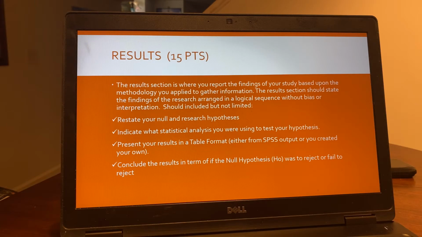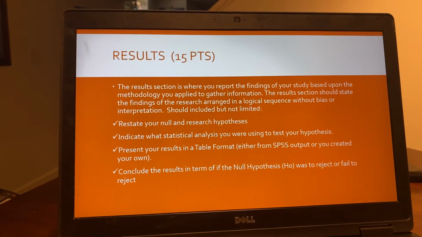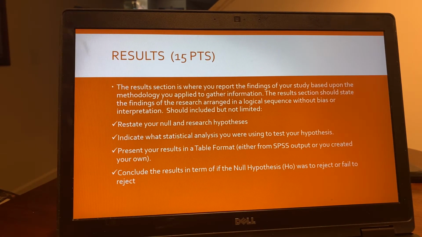Here is the place you show me your research result, and actually it's very easy to follow. It's pretty much like the one I showed you on how to do the statistics.